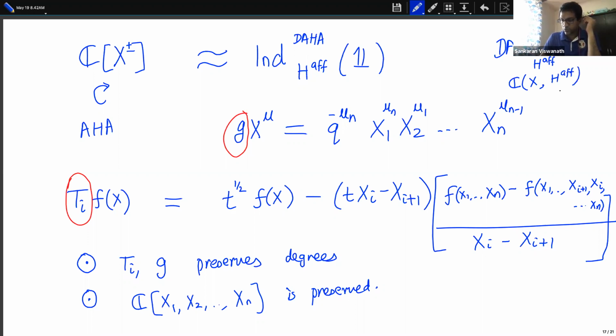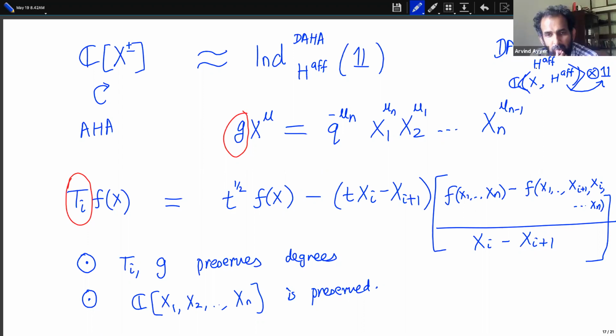So I'll write this loosely: there's the bunch of x's and then the affine Hecke algebra itself. The affine Hecke algebra action is sort of known, they act trivially. So what's left is the free Laurent polynomial ring, C of x plus minus.